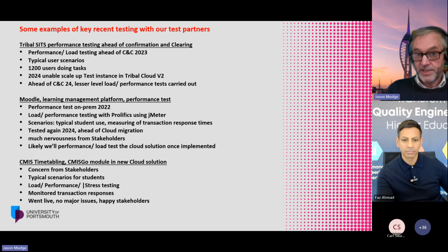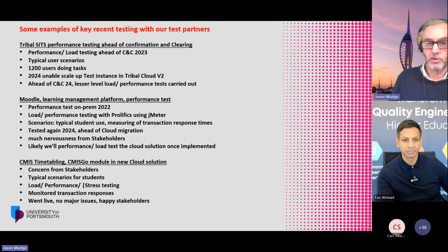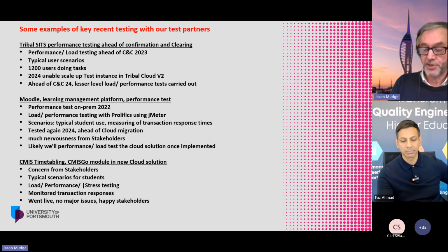But this is an occasion where you need a partnership with a trusted test professional body, Prolifics in our case. We leaned on them really heavily: oh my God, what do we do to assure this?